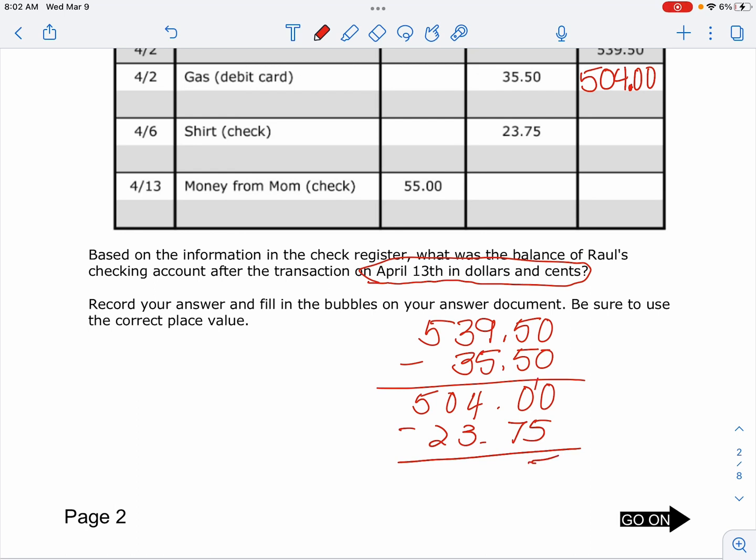So 10 minus 5 is 5. That becomes a 9. And we get 2. 4 minus 1 is 1. That becomes 8. This becomes 4. So we have 481 and 25 cents as his ending balance.